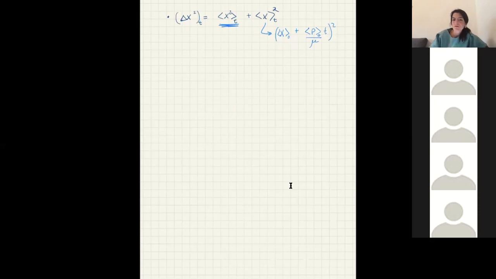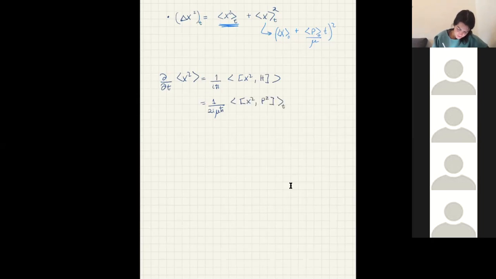What we know about it, well, we know how to compute the derivative like we did before. So d dt of the average of x squared is going to be 1 over h bar, and now comes the commutator between x squared and H. So that is 1 over 2i mu h bar, and now comes the commutator between x squared and p squared.